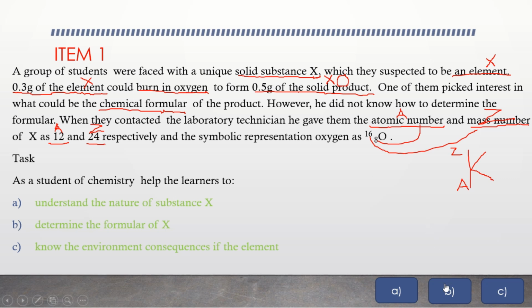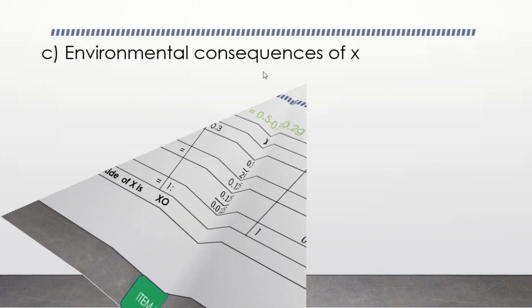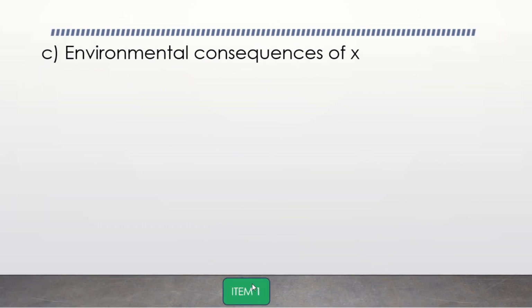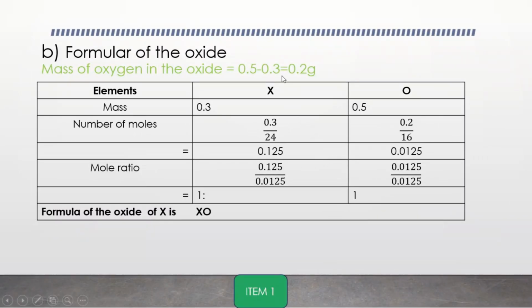That's why here you can see that I have to get the mass of oxygen. I have 0.5 subtracting 0.3, and here we get 0.2 grams. That is the mass of oxygen.